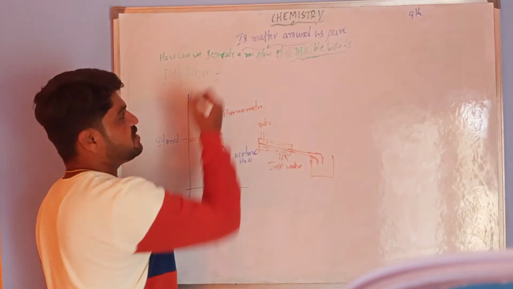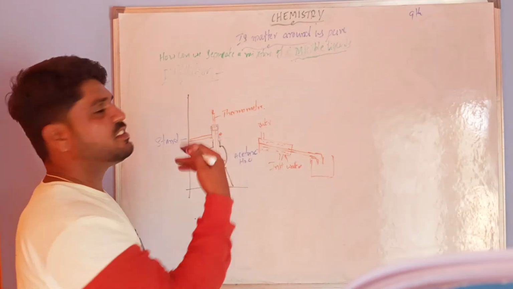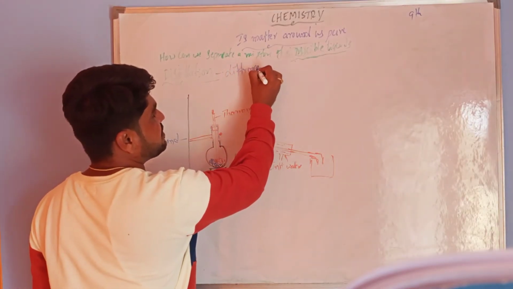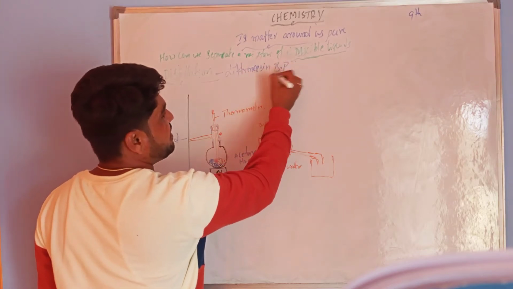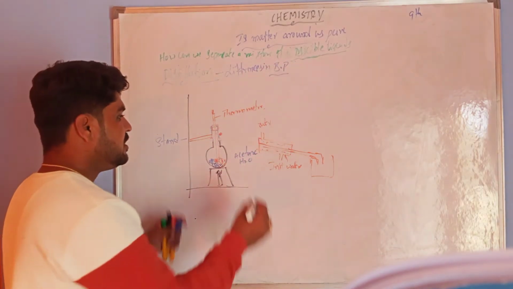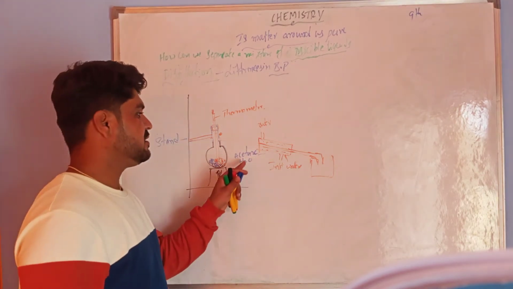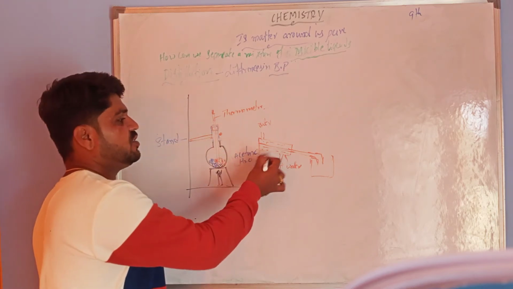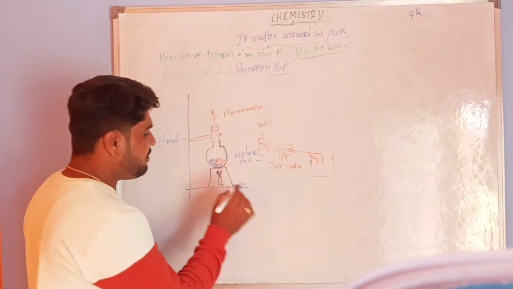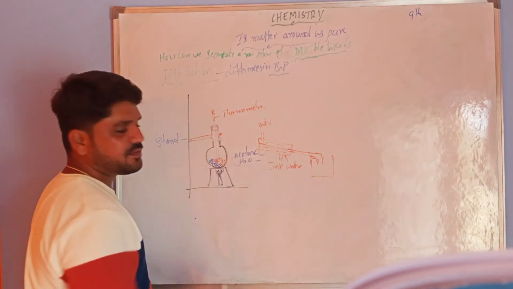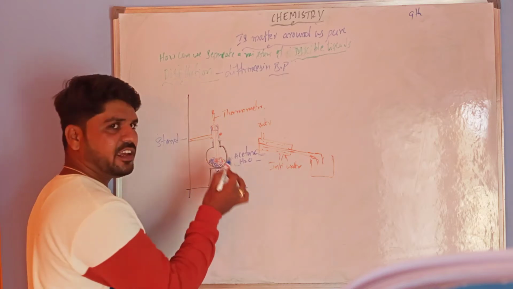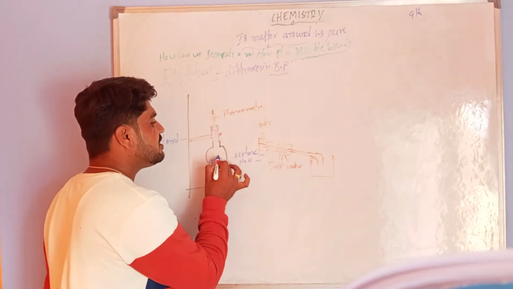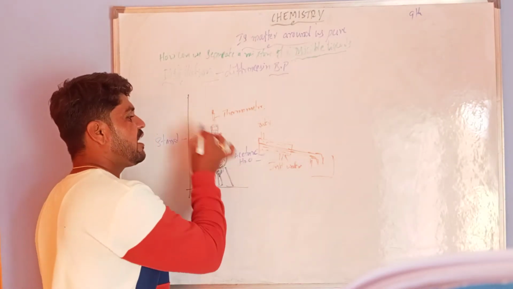This distillation process depends on the differences in boiling point. BP means boiling point. Acetone is an organic compound, highly volatile. Water is volatile, but compared to water, acetone is highly volatile. If you increase the temperature slowly and closely watch the thermometer, the mercury rises, meaning the temperature rises.